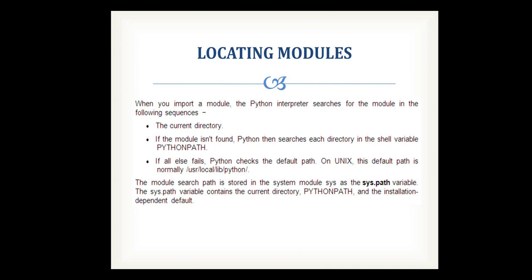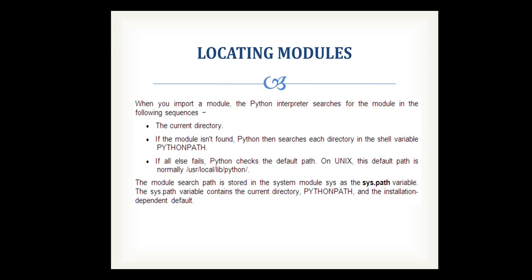Next, locating modules. When you import a module, the Python interpreter searches for the module in the following sequence: the current directory. If the module isn't found, Python then searches each directory in the shell variable PYTHONPATH. If all else fails, Python checks the default path.